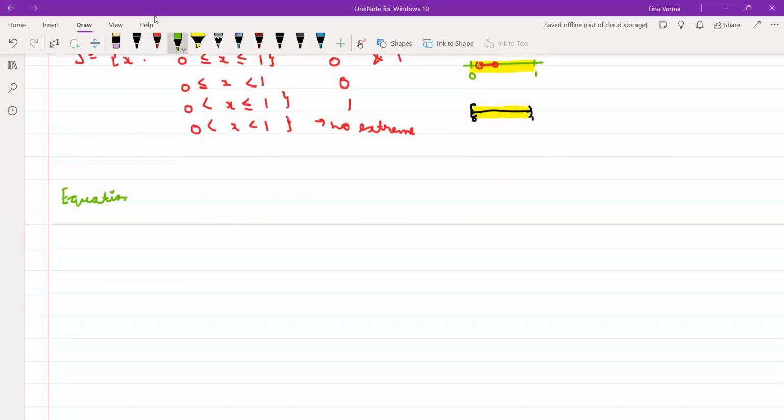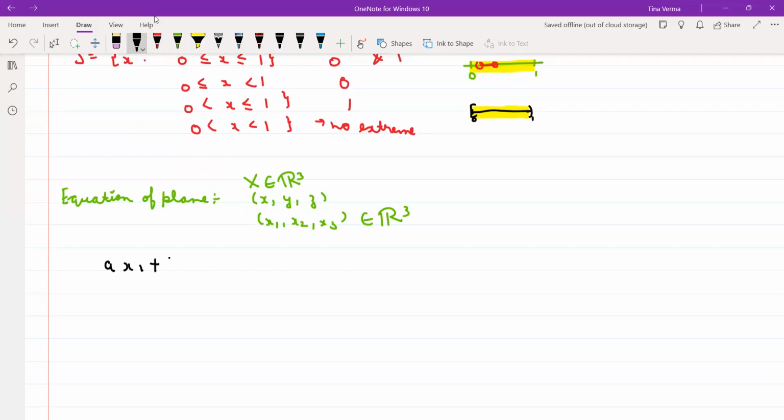What is the equation of a plane? ax plus by plus cz is equal to d. That means the points you are talking about are in the R3 plane, in three dimensions, where the first coordinates are x, y and z. In the same way, we define x1, x2, x3, which come from R3 and are real numbers. So you say the equation of a plane means a into x1 plus b into x2 plus c into x3 should be equal to d, right?